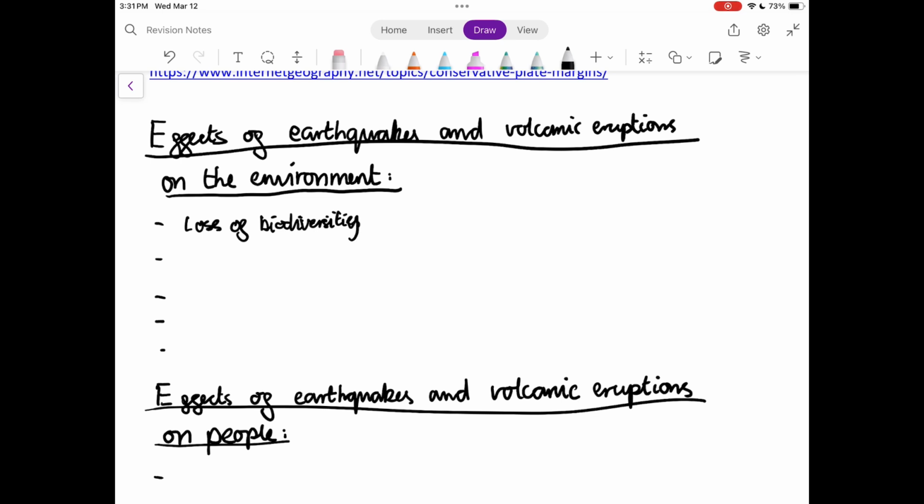So this causes the biodiversity to decrease. The next thing is it can cause wildfires, especially in the case of volcanoes, because if lava flows into forests, it can set the trees on fire. So this allows a wildfire to quickly spread.